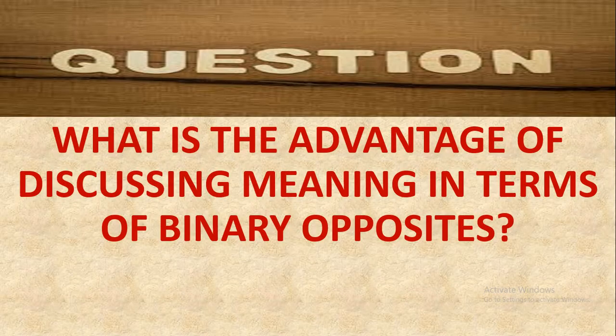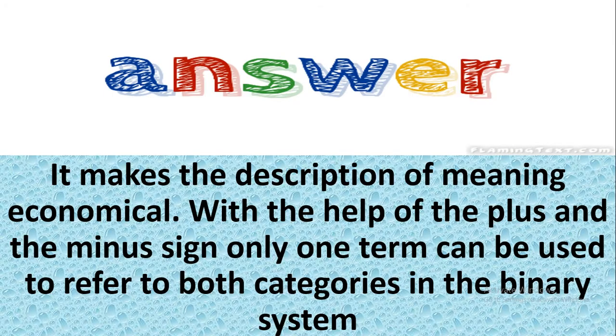There's an important question regarding componential analysis: what is the advantage of discussing meaning in terms of binary opposites, or what is the advantage of componential analysis in general? The answer is this. It makes the description of meaning economical. With the help of the plus and minus signs, only one term can be used to refer to both categories in the binary system.